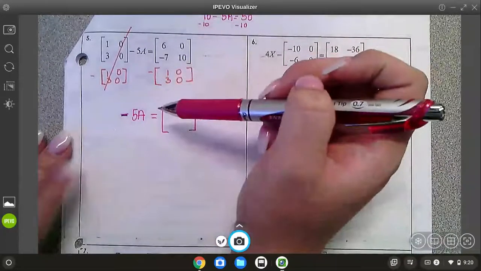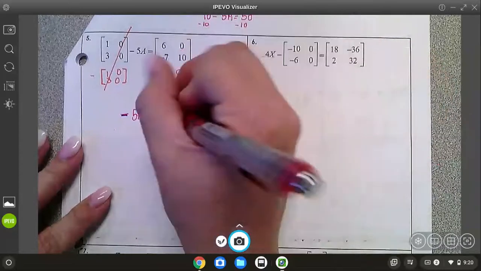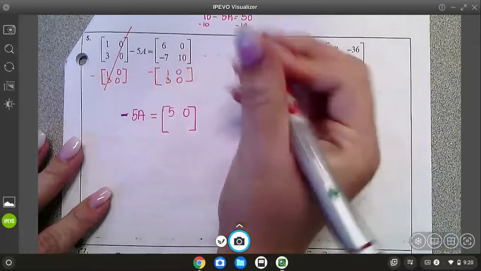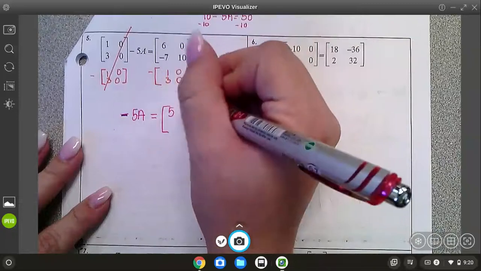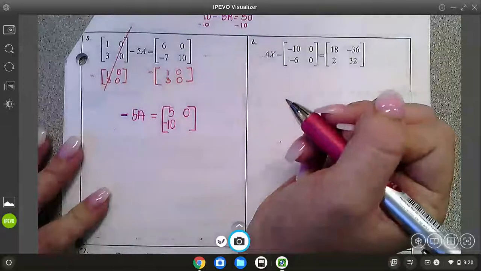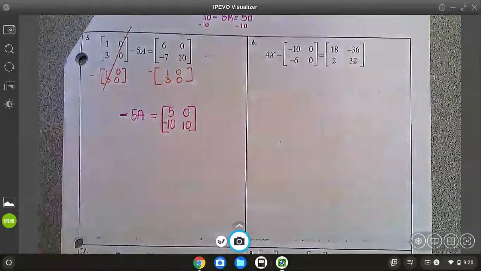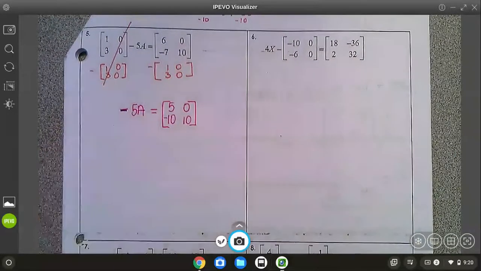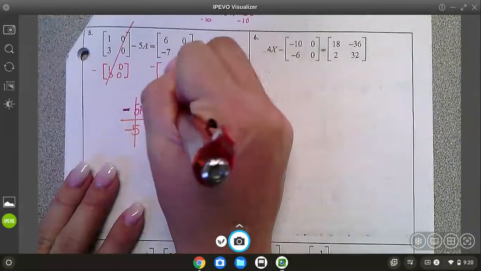We could type these matrices in, but let's just try to make it a little faster. 6 minus 1 is 5, 0 minus 0 is 0. Negative 7 minus 3 is negative 10. And 10 minus 0 is 10. So now, this one looks like one we did on the front. What step should I do? We're going to divide everything by negative 5.